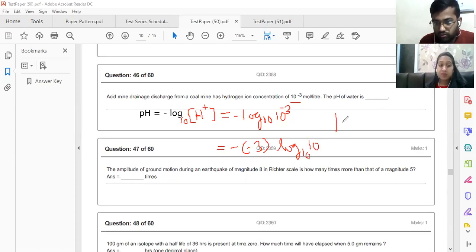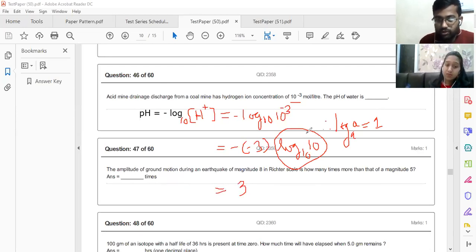According to the formula, if your base and index are same, then we'll get 1. So this value becomes 1. We'll get minus of minus 3 means 3. So the pH of water is 3.